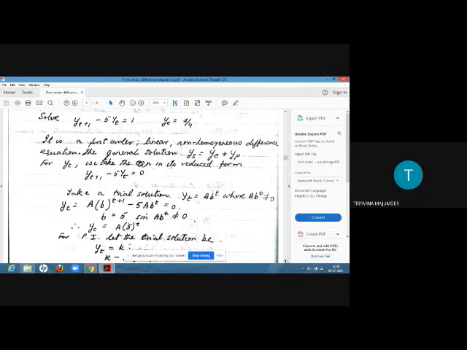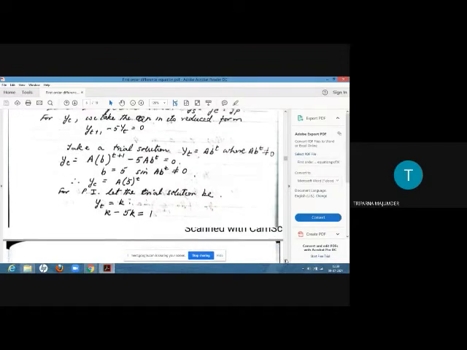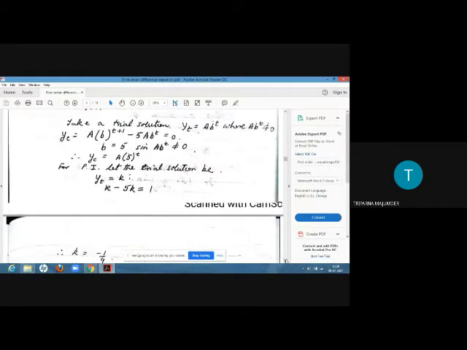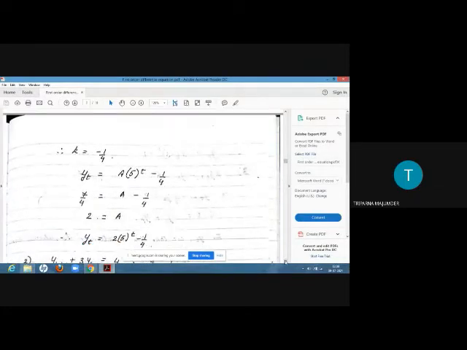Now for the particular integral, let the trial solution be yt is equal to k, and we get the value of k to be minus 1/4. So we substitute the value of yp here to get the solution in its general form.